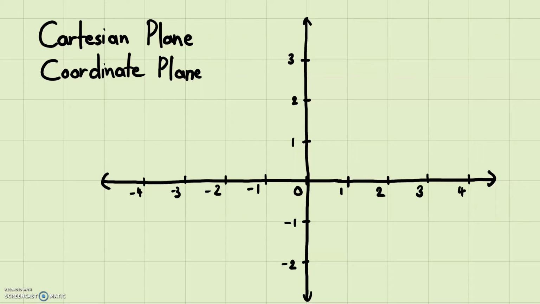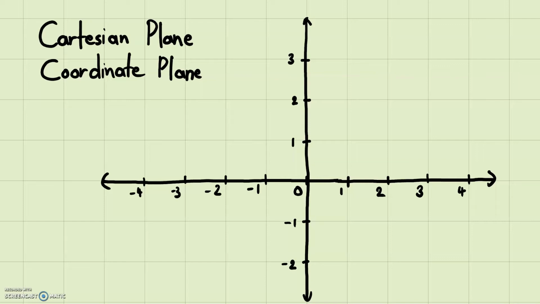These double number lines, perpendicular to each other, allow us to do a whole lot of different things that we couldn't do with one number line. Explaining them will take more lessons, but I just want to introduce you to the basics of using a Cartesian plane.